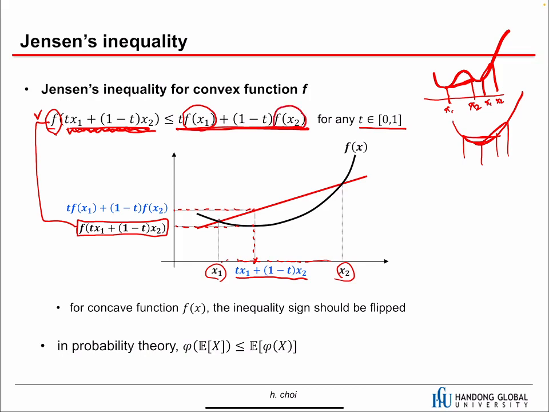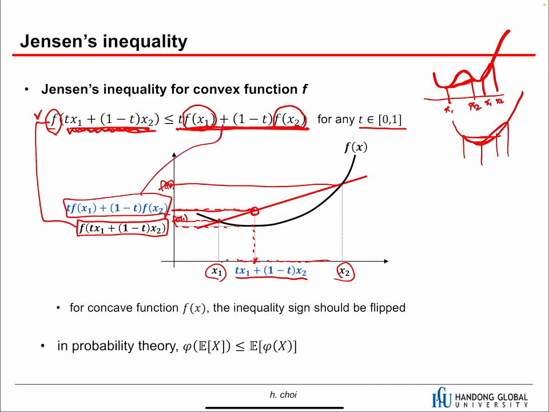So function of x1 is here, and function of x2 is here. Then this one says the weighted sum of these two values with t and 1 minus t. Then actually this one is the right hand side of this inequality.